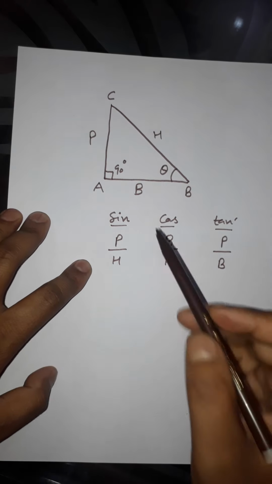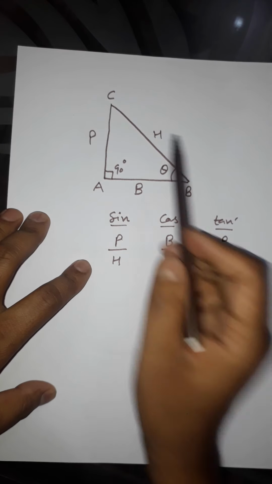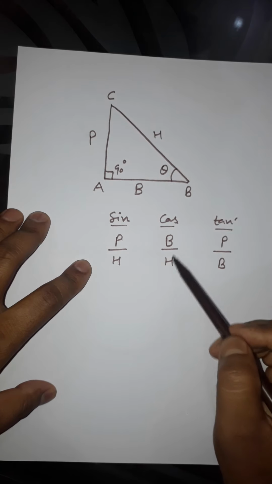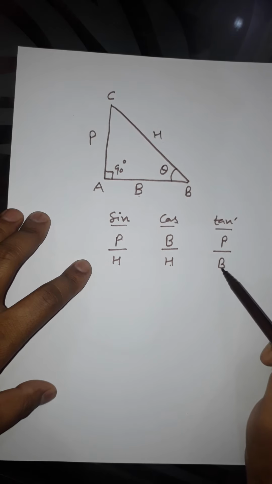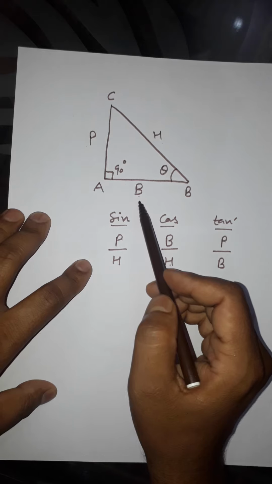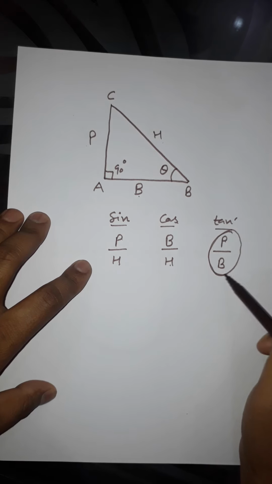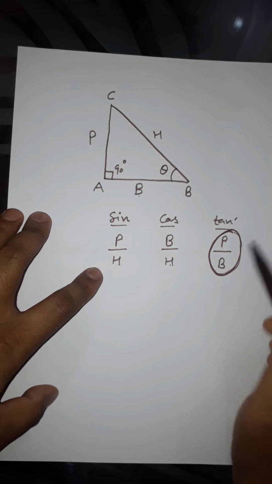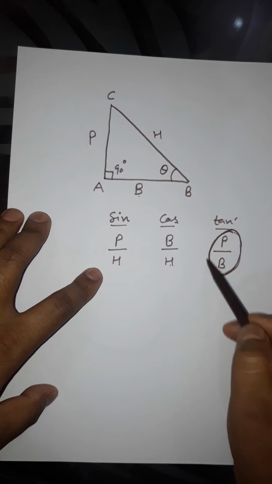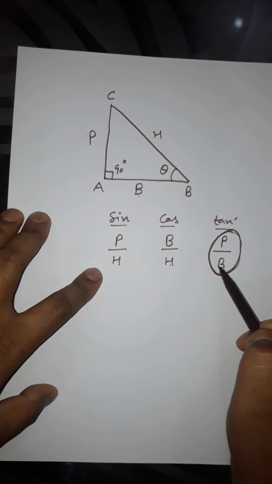Sine theta is given by P over H, cos is given by B over H, and tan is given by P over B, perpendicular over base. Okay, so you have to remember this thing, right? And you will study this in your mathematics class. But here you have to remember only tan theta is equal to perpendicular over base.